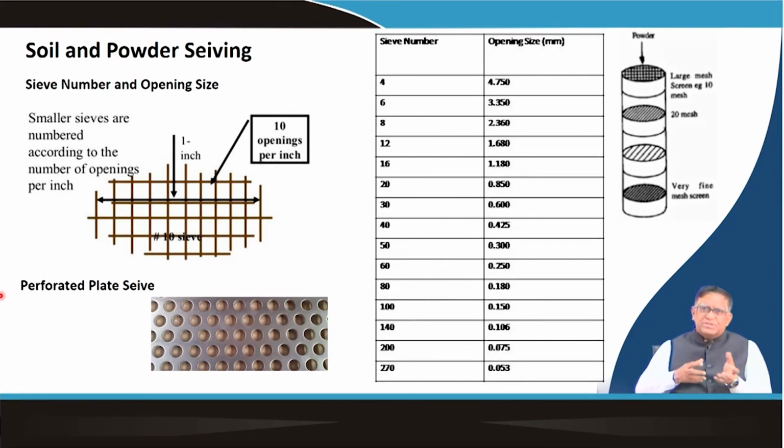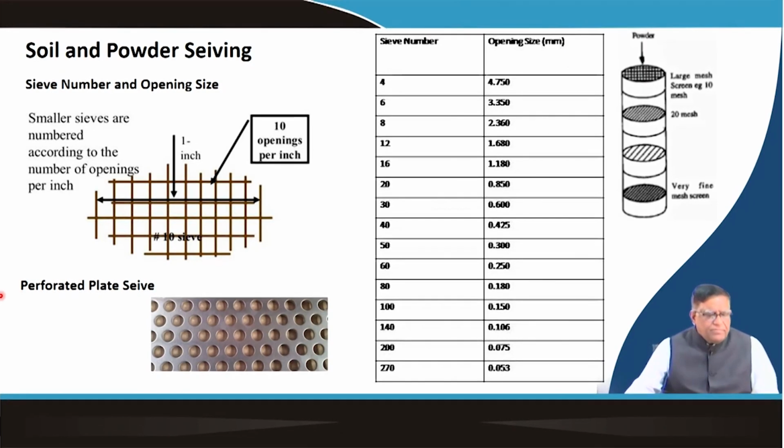On the basis of that, you will have to design your classifier. So, soil or powder sieving is done by very fine mesh. Now, mesh is how many such squares there are in one square inch, that is, the number of holes per square inch. Based on that, they give a number, the sieve number.